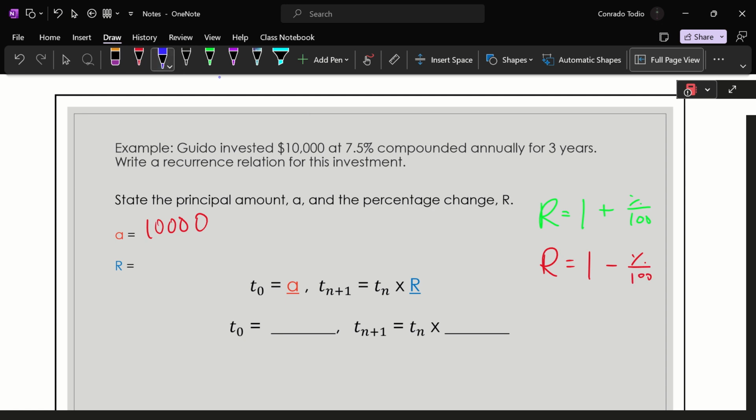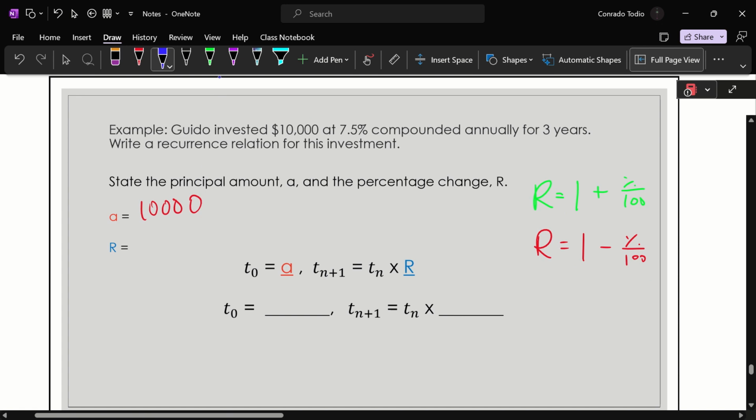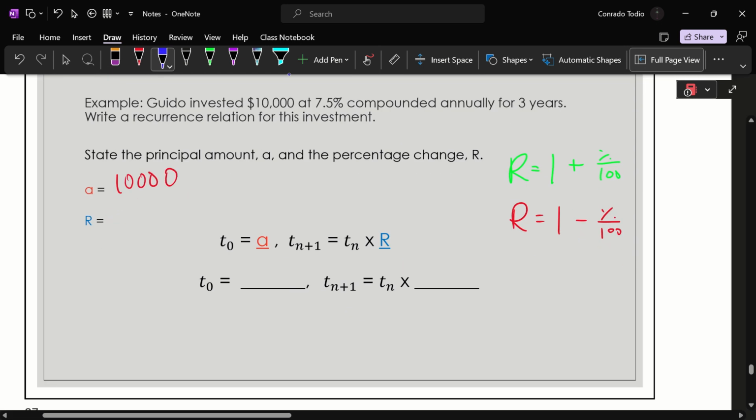So in this question, is it increasing or decreasing? Read the question. It's most likely increasing. He's not paying them back, yeah? He's investing money. So in this regard, it's going to be increasing. So we're going to use 1 plus percentage over 100.